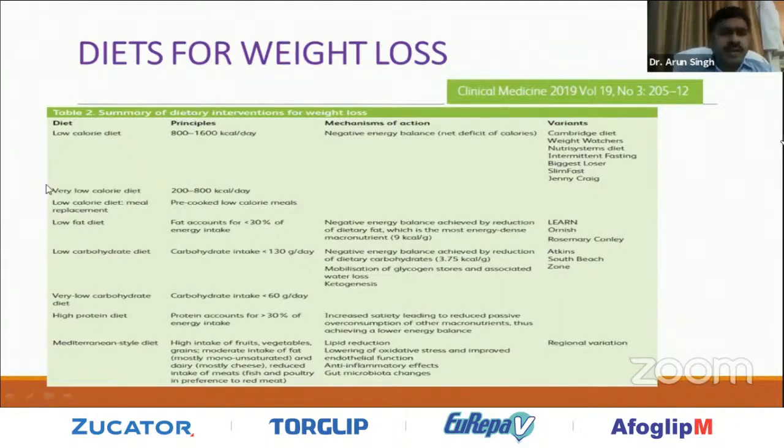So multiple popular dietary interventions are there, but over the long run, it has been found they are actually equally effective. None of them is superior to the other in the long run. Any of these dietary interventions can be chosen depending on the patient's cultural, social background, and preference. All dietary interventions are equally effective.